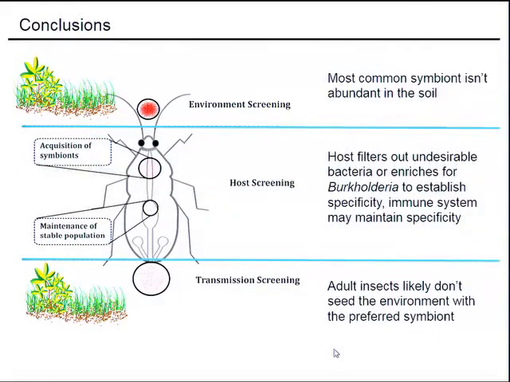So looking at this whole route of acquisition, we have this model now for these bugs that looks like these Burkholderia aren't really very present in the environment either before acquisition or after they've been acquired by a bug. And there's not a lot of specificity for them in the environment. And where these insects are really getting their specificity is somewhere after the Burkholderia have been acquired.